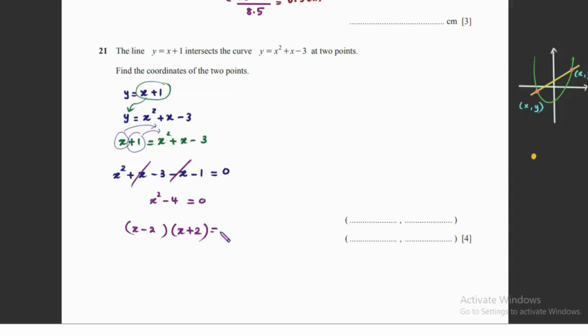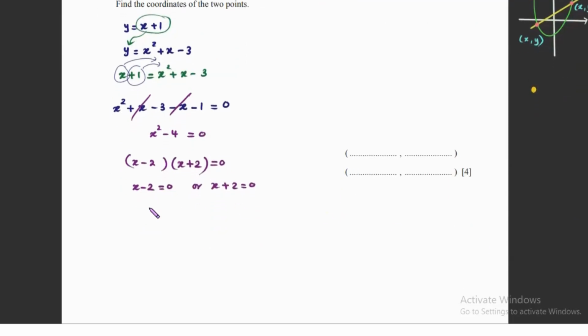So this is equal to 0, which means I can say this x minus 2 is equal to 0, or this x plus 2 is equal to 0, because these two get multiplied and make a 0. This gives us the value of x here as 2, and here the value of x that we get is negative 2. So we now have two different values for x, which are positive 2 and negative 2.